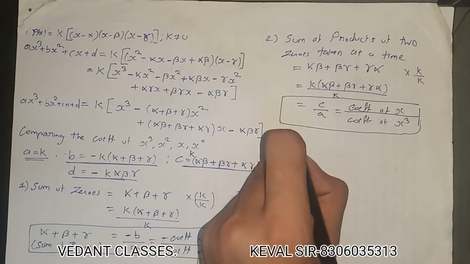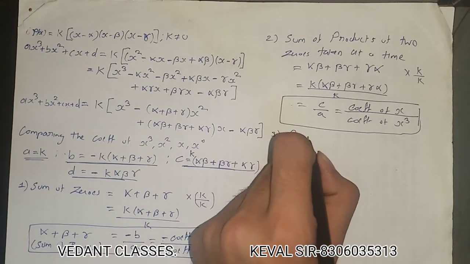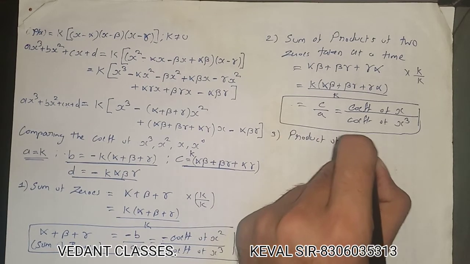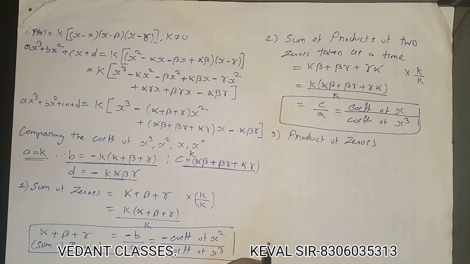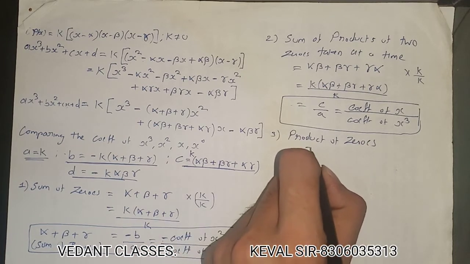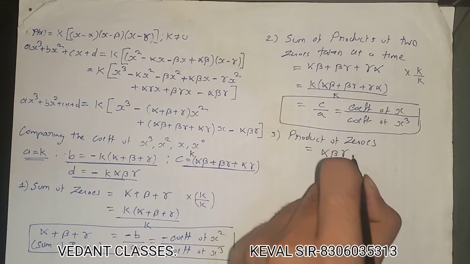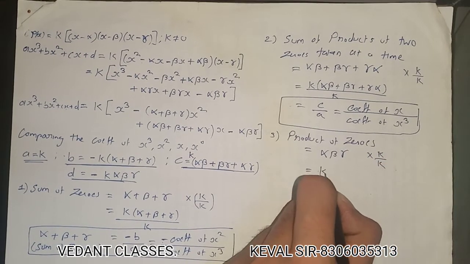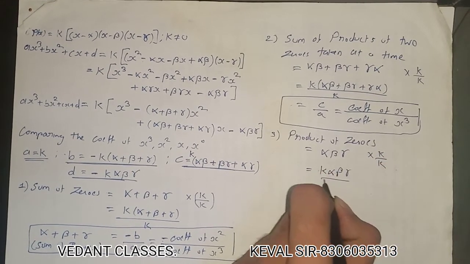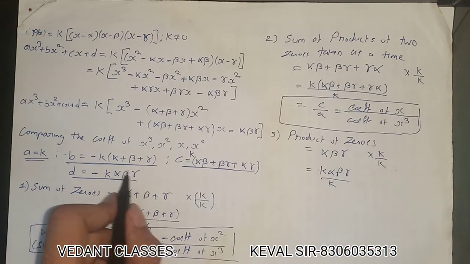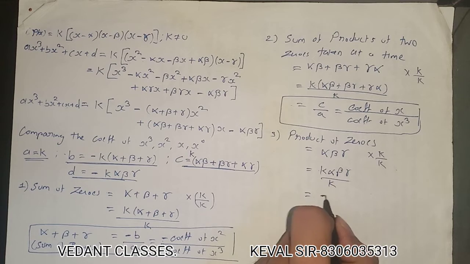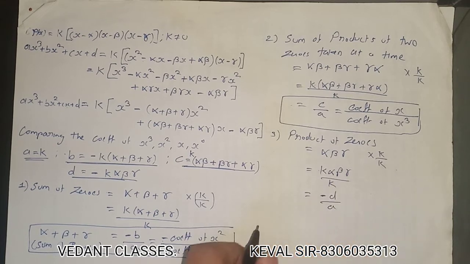Now let's see the third one. The third one is the product of zeros. What is the product of zeros? That is alpha beta gamma. Just multiply and divide it by k, so this will be k alpha beta gamma upon k. Now k alpha beta gamma will be equal to minus d, so this will turn out to be minus d upon a.